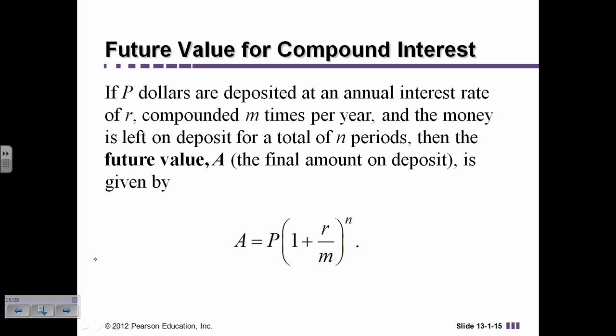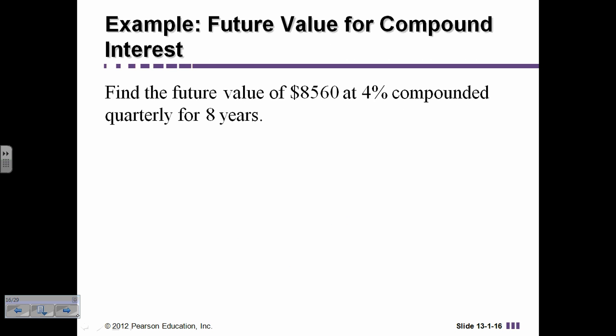Okay, so let's look at this example. Find the future value of an $8,560 loan that's compounded at 4% interest quarterly for 8 years. So let's talk about a couple of terms here. Quarterly, if you think about quarters, how many quarters in a dollar?